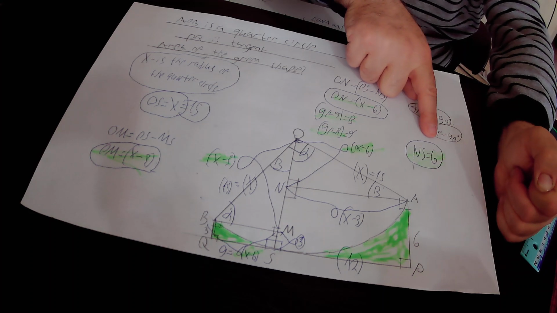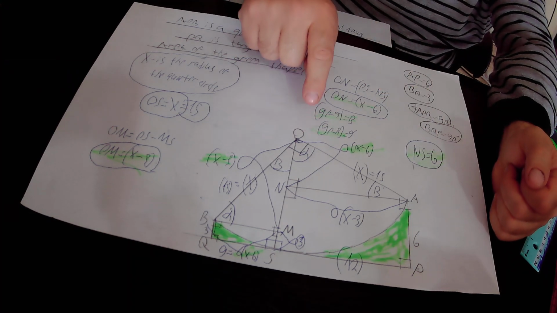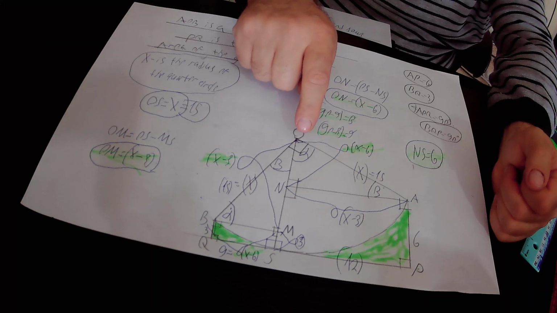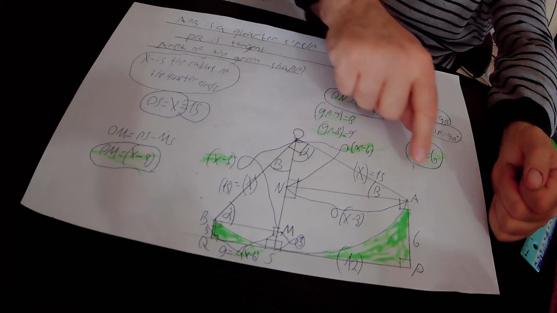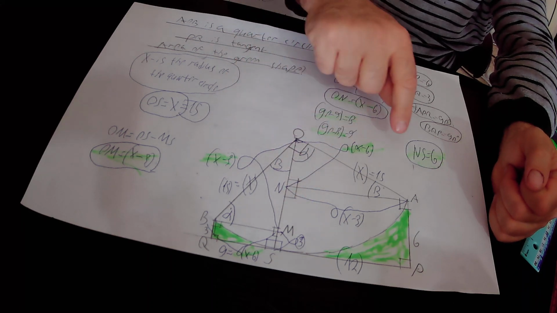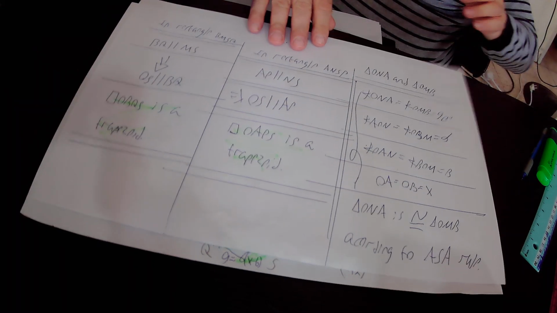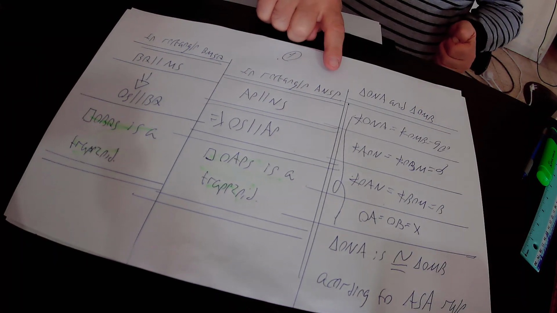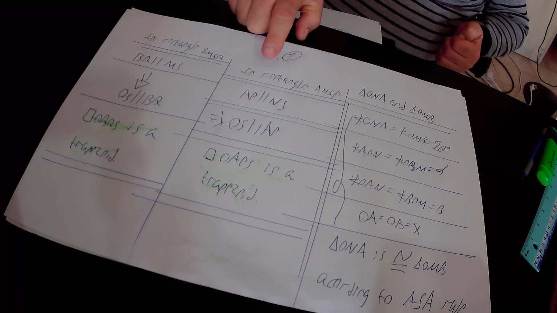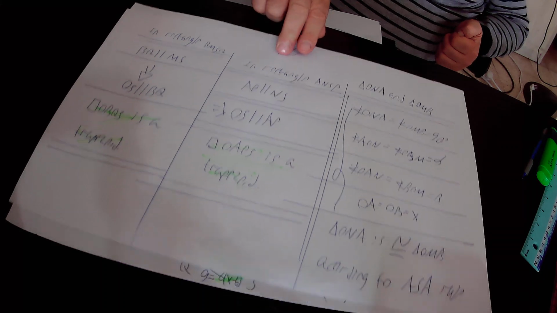Here NS equals 6. Likewise, we also know that the opposite sides of a rectangle are parallel to each other. So in rectangle NAPS, side AP must be parallel to the opposite side NS.